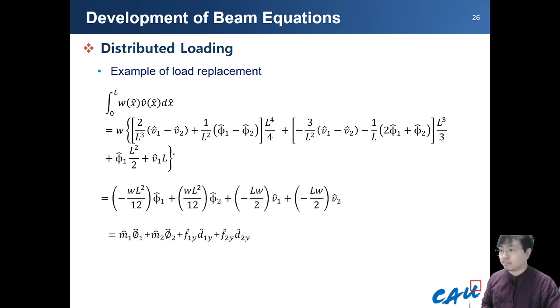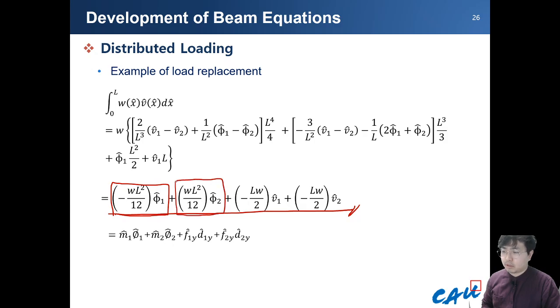After sorting, finally we obtain these kinds of terms. This must be the same, because this part is the work done by the moment at the first nodal point, and this part is the work done by the moment at nodal point 2.